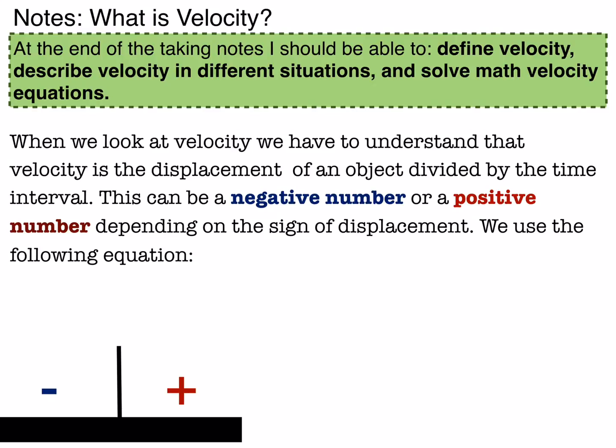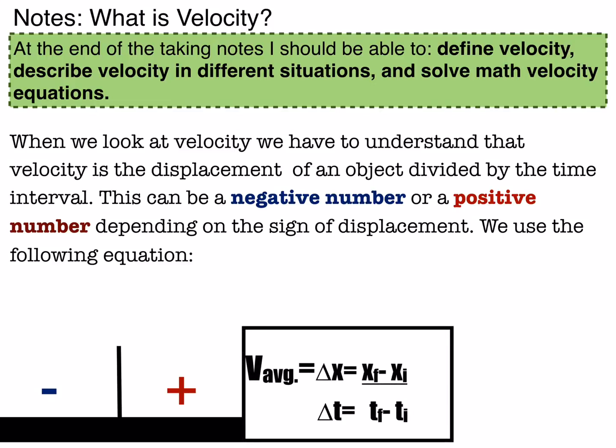Let me read through our text here to stay on track with our reading. When we look at velocity, we have to understand that velocity is the displacement of an object divided by the time interval. This can be a negative number or a positive number depending on the sign of displacement. We use the following equation. V stands for velocity again.